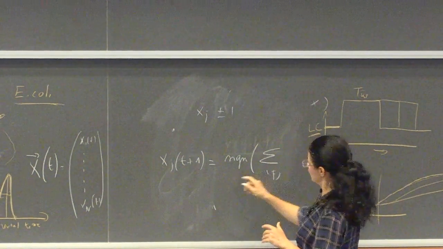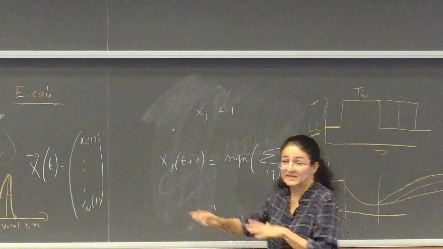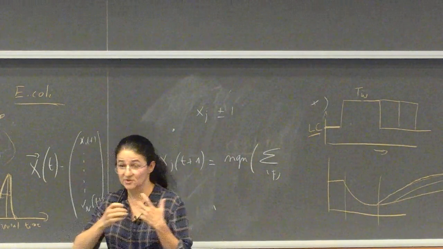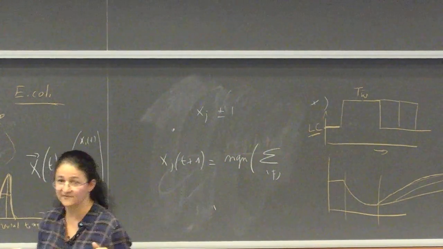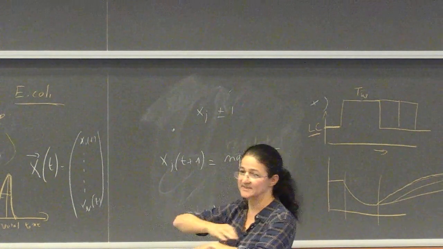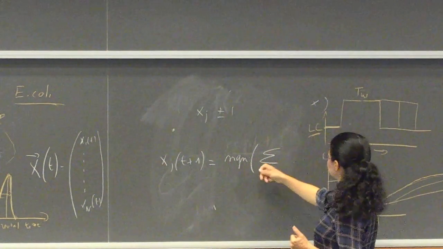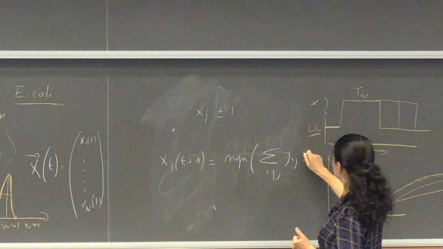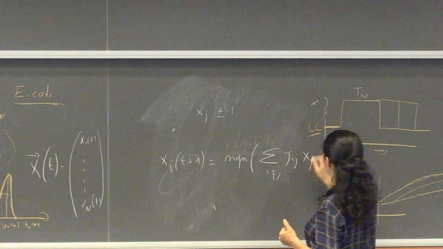We take, for this spin, all the other spins that are connected to it. And here we assume at first that each component interacts, because we have perturbed the cell so much that all these components are randomly fluctuating. We assume that each component interacts with all the other components in the cell, with some parameter Jij. So sorry, this will be Xi, and this will be Xj.